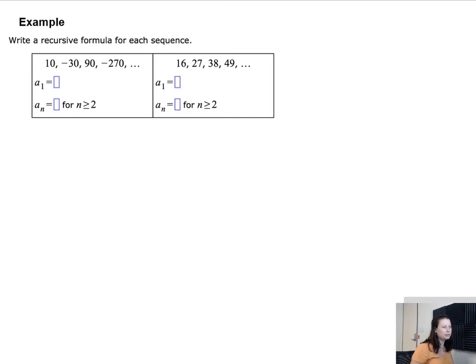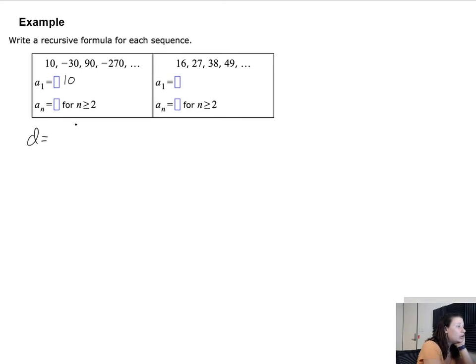So let's see here. A1 is just that first term. It's 10, right? So then let's think about the common difference. Well, we don't have to think about it that way.